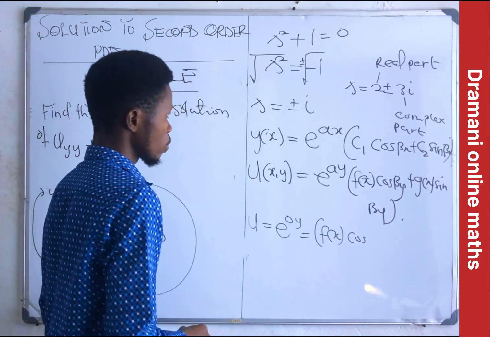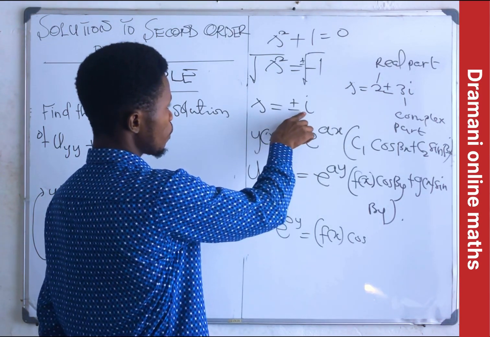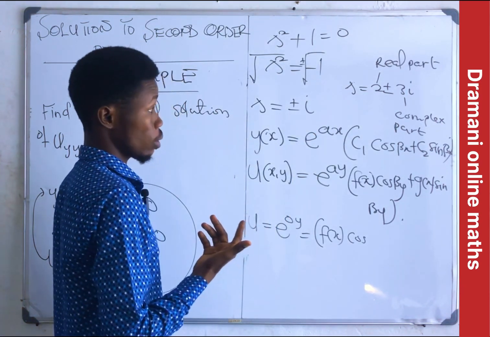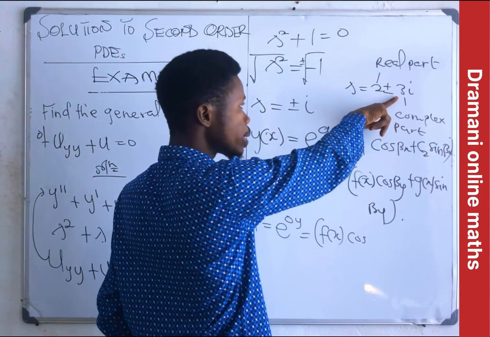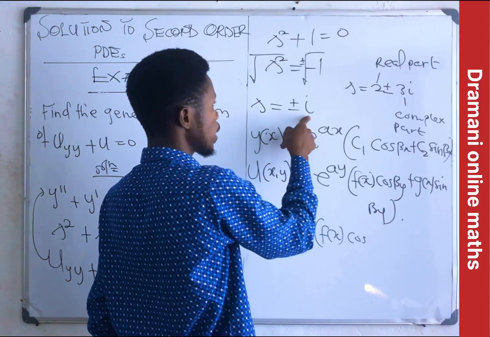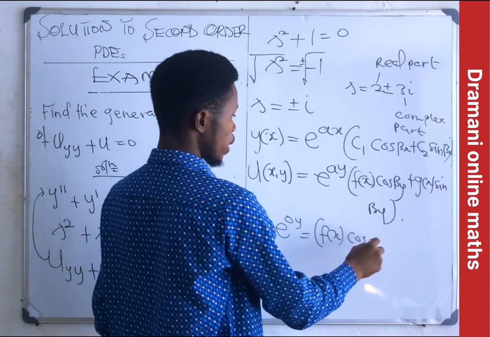Now b will be 1, because if we had 3i, then our b would be 3. Now this is just i, so the coefficient of i is 1. So b is 1, and 1 times y is y.